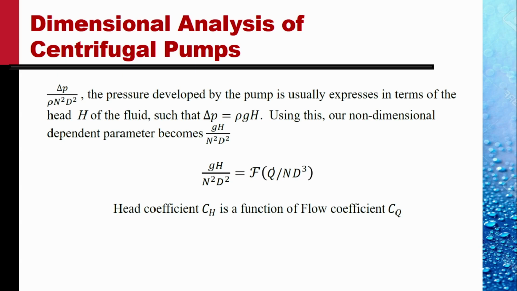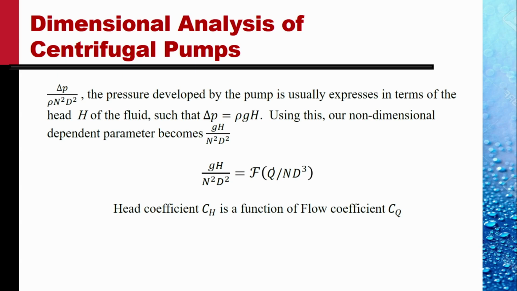Usually we do not express the pressure developed by the pump, we express the head developed by the pump. Using this, our non-dimensional dependent parameter becomes g H divided by n square d square. So for delta P, I substitute rho g H, and so the dependent parameter becomes g H divided by n square d square, and that is a function of q dot by n d cube.